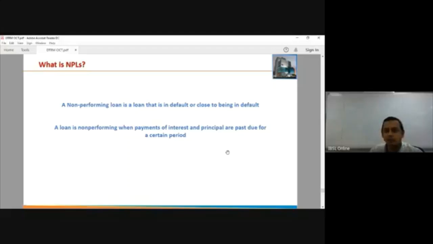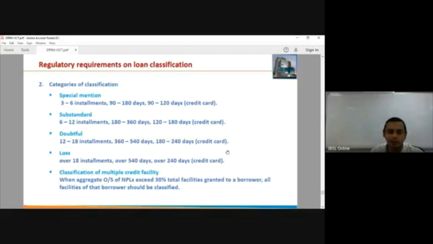A loan is non-performing when payment of interest or principal is past due for a certain period. So the installment needs to be paid, or the capital and interest need to be paid. Both should be paid. But if either one or both are not paid for a certain period, then that loan is classified as NPL. This is the classification category.